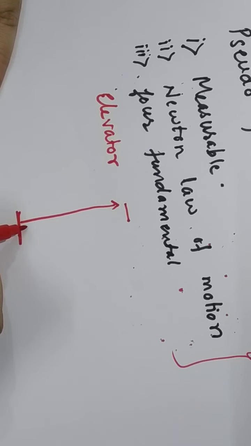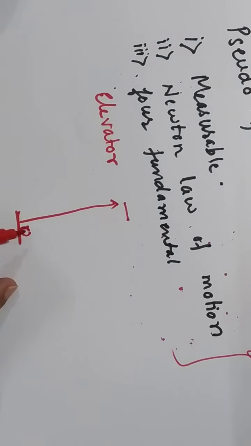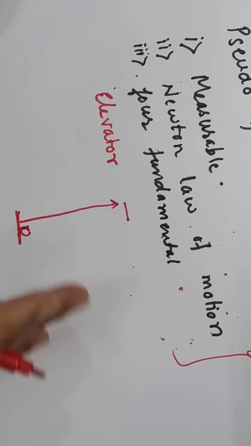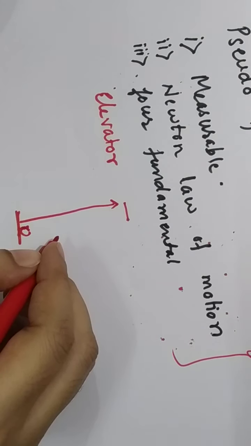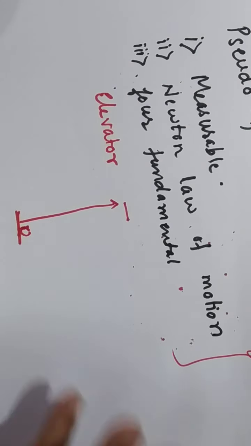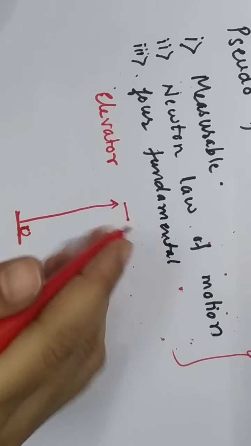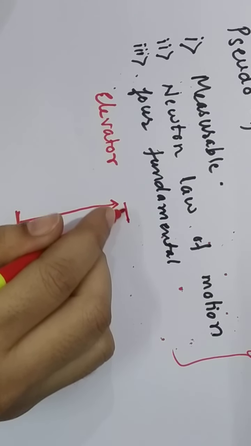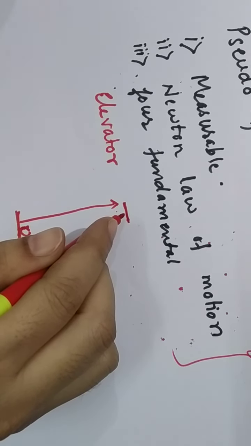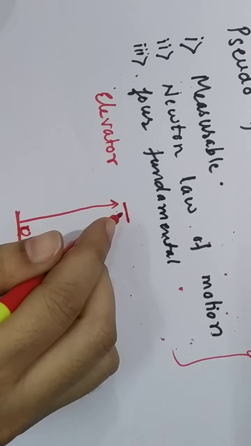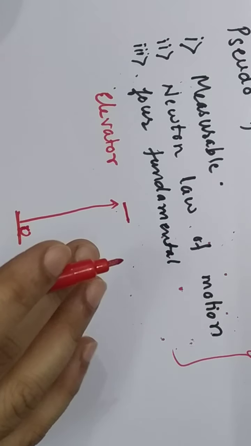The moment the elevator starts moving upward, you, the observer, will immediately feel that your weight has increased. Once it reaches constant speed, you will be stable in the lift, and before it reaches the top floor, when the lift is decelerated, you will feel that your weight is slightly decreased.